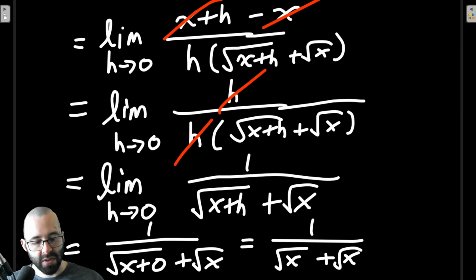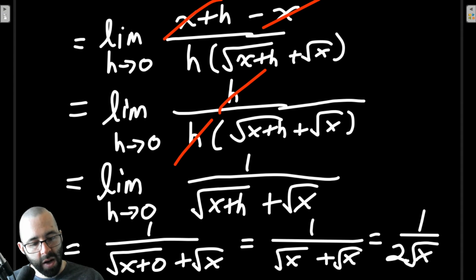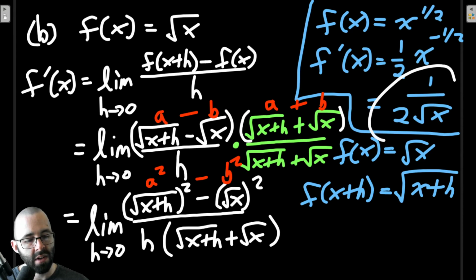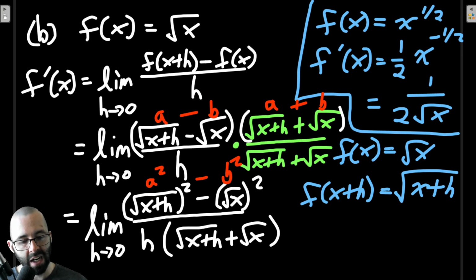That means we have 2 square roots of x. And by George, by golly gee whiz, that's what we expected from the power rule. Look all the way back to the previous one. We said the derivative better be 1 over 2 root x. And indeed, we got there.